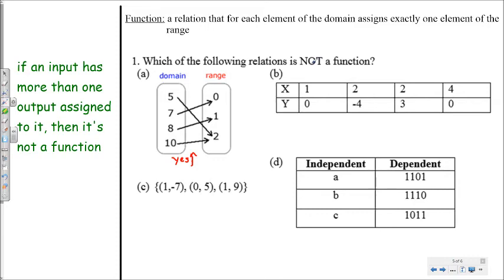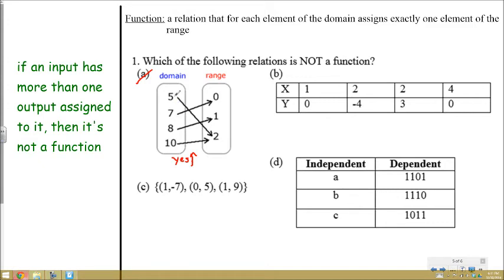So I'm looking for ones that are not a function. So that is a function. Now, don't be confused because it is okay for two different values of the domain to get the same output. What we cannot have happen for a function is that one input gives me two different outputs.